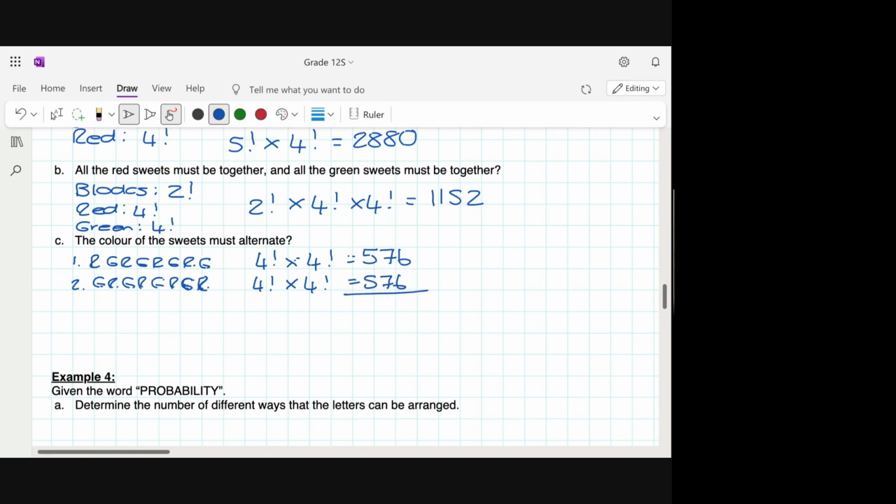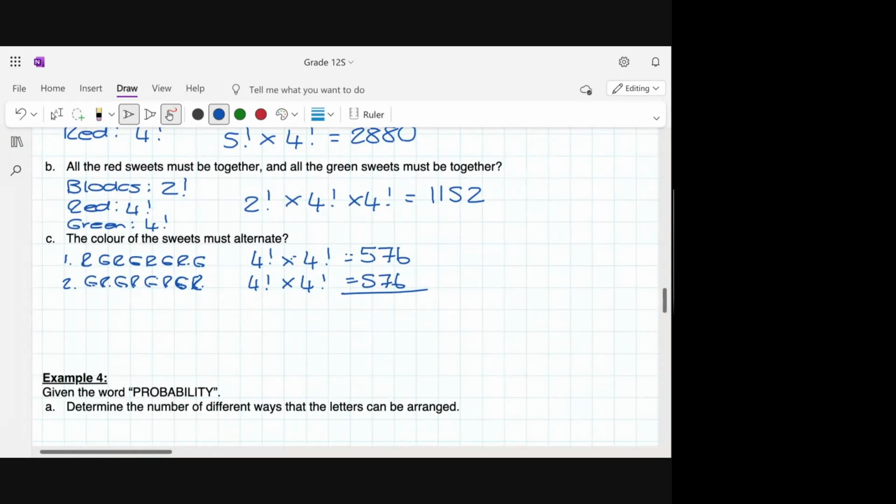And when I add those up, 576 plus 576, what do I get? What do I get when I add those two up? Come on, I don't like talking to myself. I get 1,152.